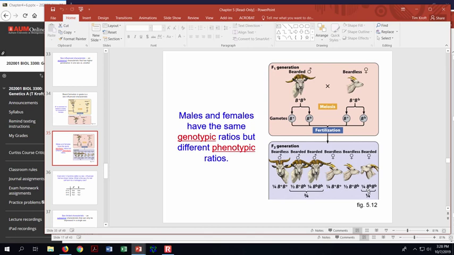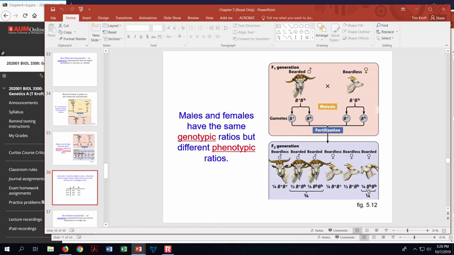It's just that the three squares you circle for having a beard in the male would be the two in the middle and the other one, and only one of the three would have it for the female. So the genotype ratios are the same, but the phenotype ratios are different, and what's dominant and what's recessive depends on whether you're a male or a female.